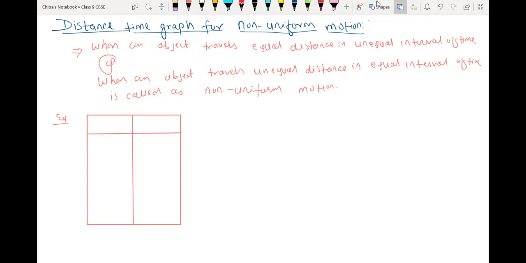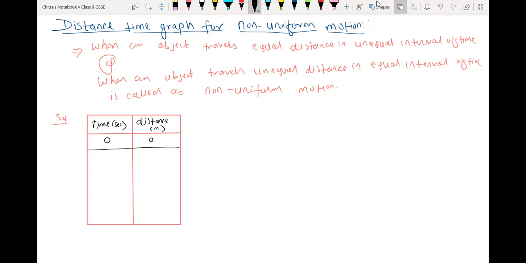Okay, this is the table, and here I am taking time in second, and here I am taking distance in meter. At 0 time we have value 0.